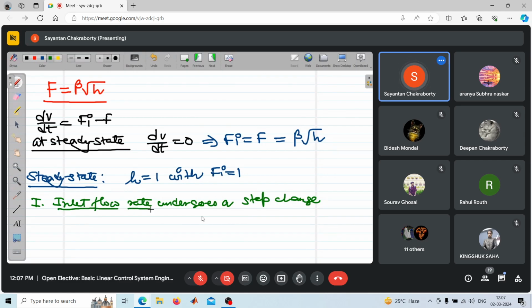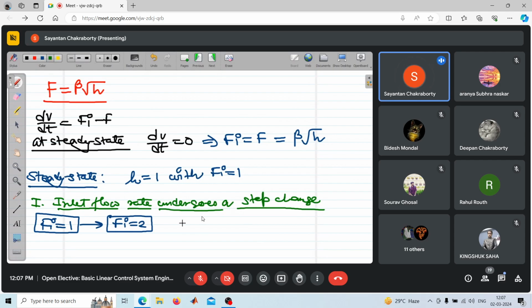That is, Fi undergoes a step change. Fi, which was initially 1, has now moved on to 2. So, what will be the new steady state valve position?